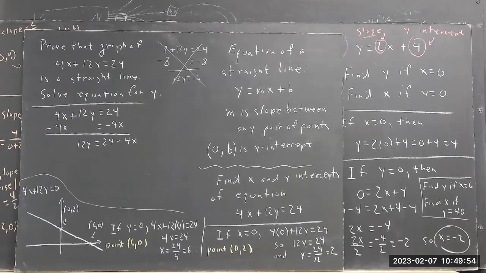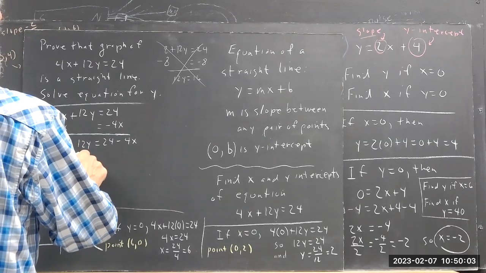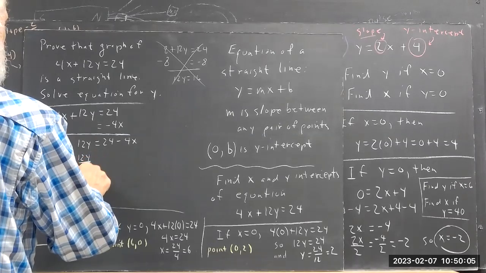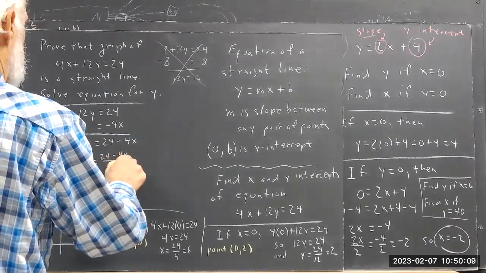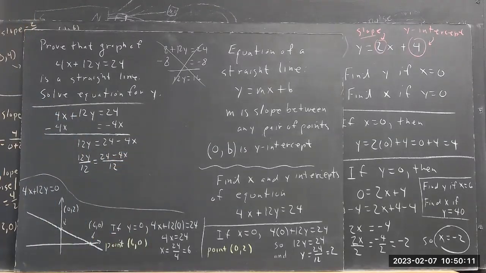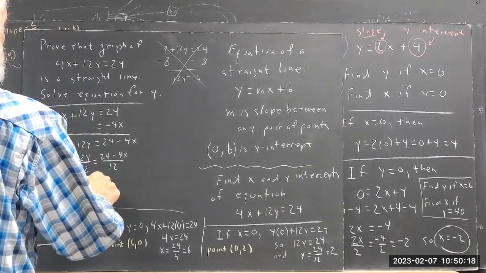Then we divide both sides by 12. That'll give us y. So we do this. Okay. Well, 12y over 12 is just y.